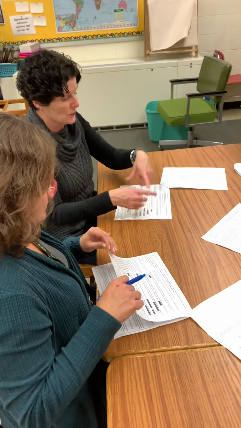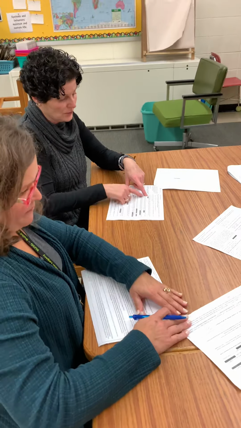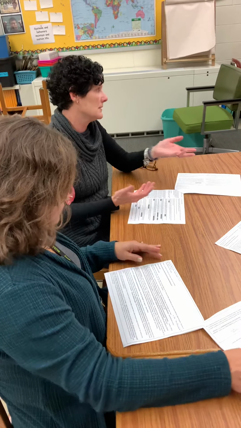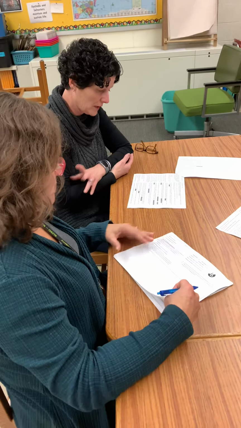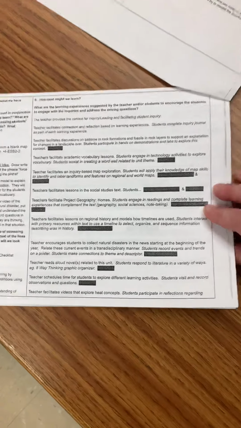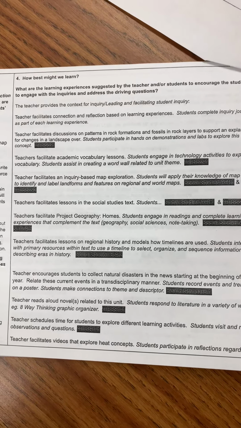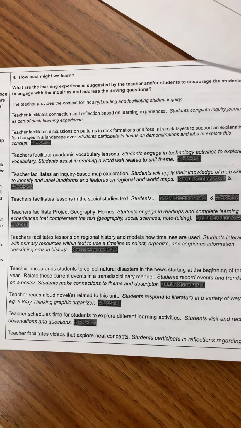It's, you know, we're going to do this specific activity. This is what the kids are going to be doing. It's what it should look like. So it's, you know, accessible. You can assess what they're doing. And it has a standard aligned to it so that we know we're trying to hit the standards that we're supposed to be teaching in 4th grade. And that's box 4 in our planner, which always starts with a question. And that one is, how might we best learn, or how best might we learn?